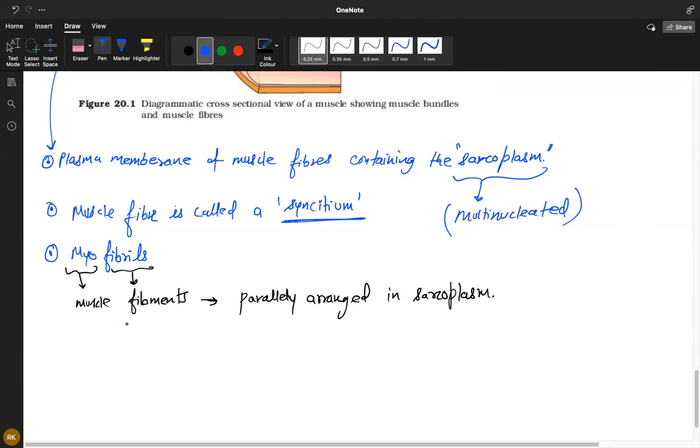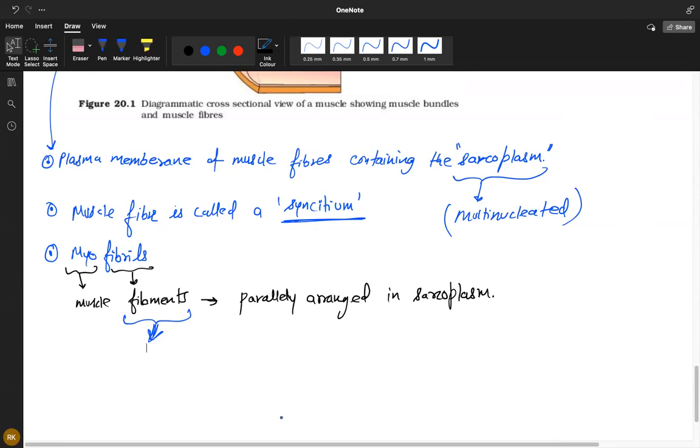Now let's go into a little bit of detail and understand what these filaments are made up of. Remember I told you that striated muscles are called striated because they have light and dark regions.